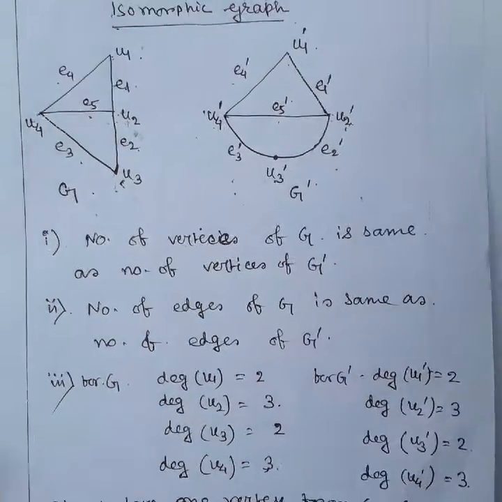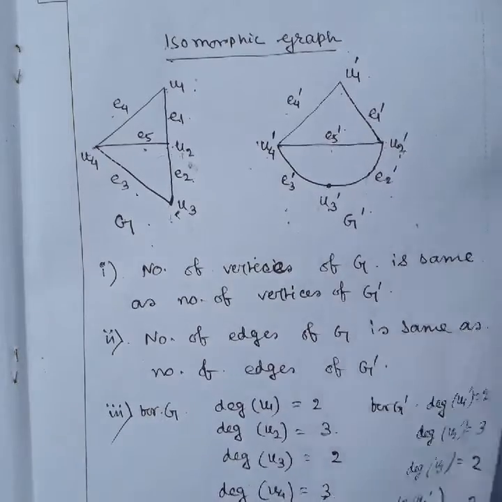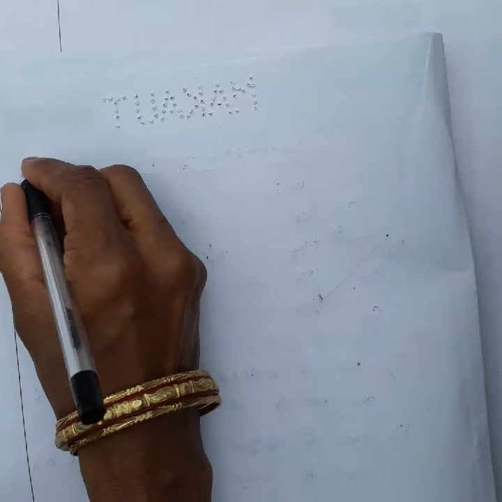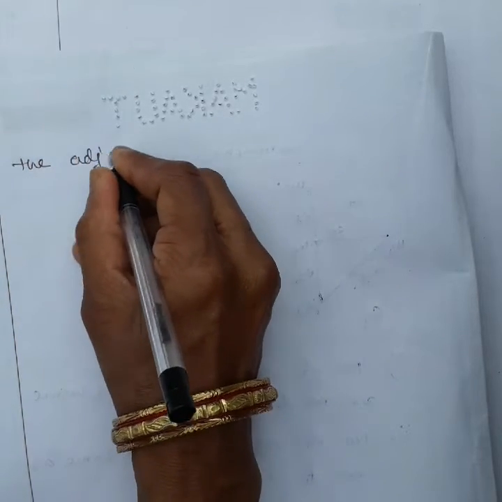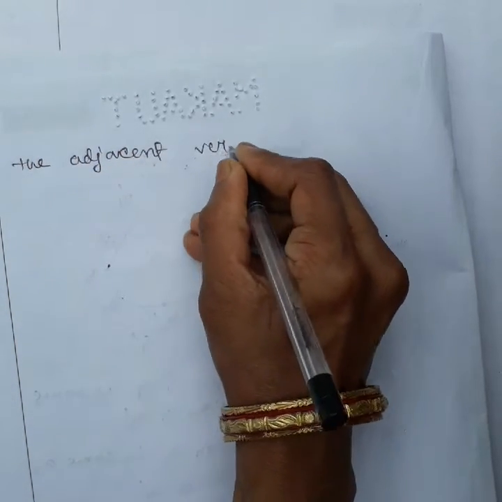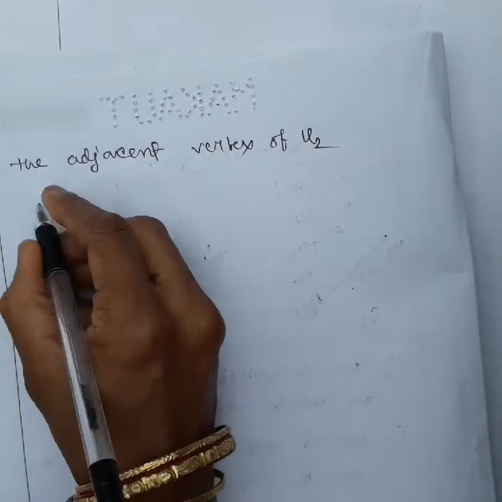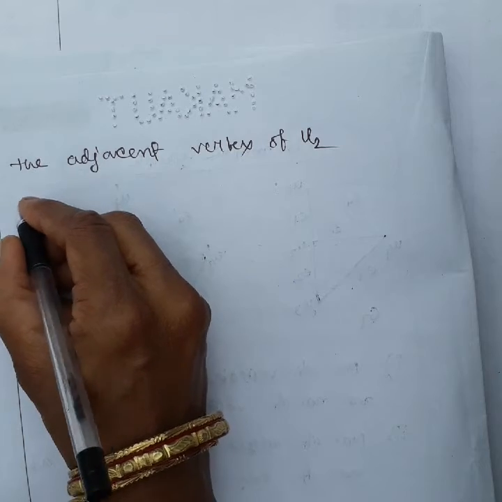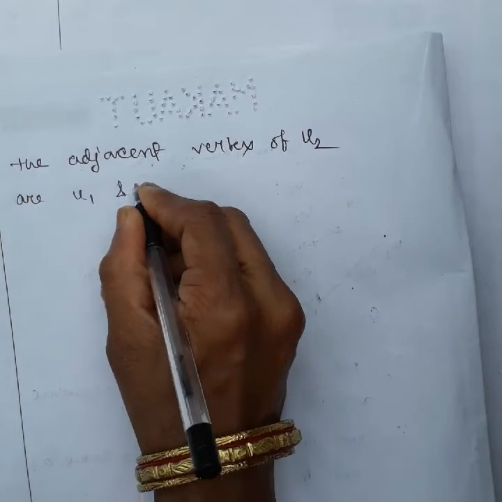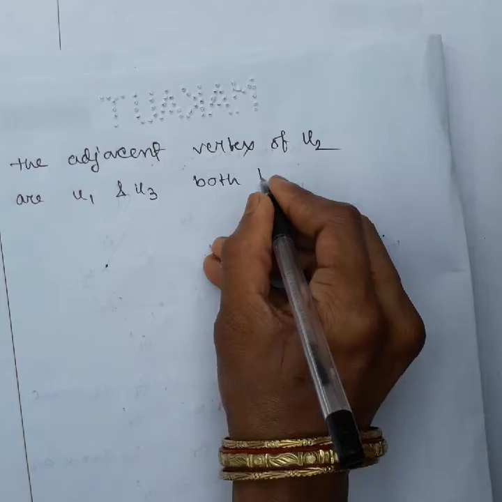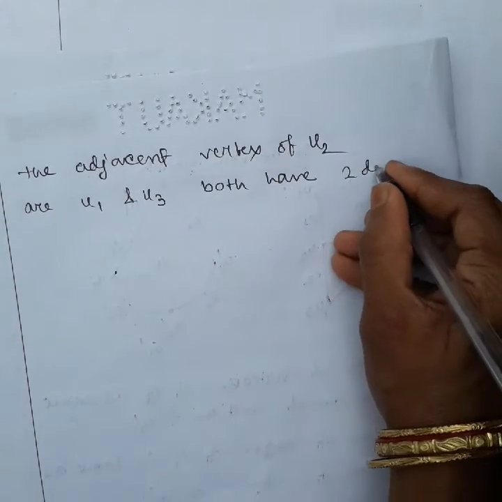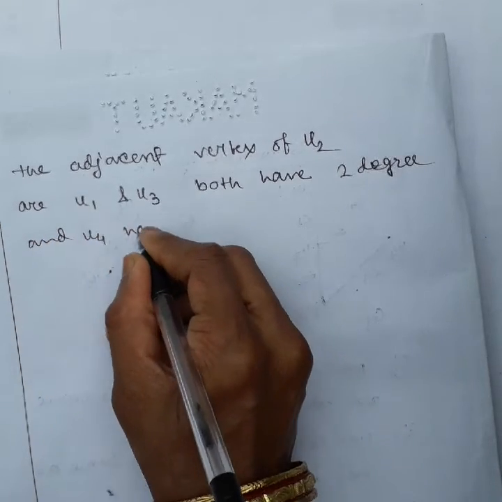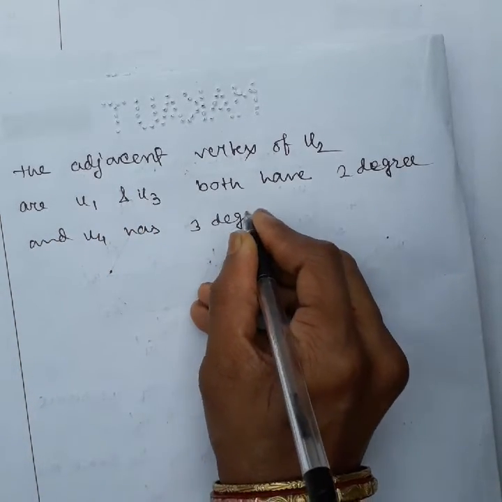Okay, so we write it here. The adjacent vertices of U2 are U1 and U3, both with 2 degree, and U4 has 3 degree.